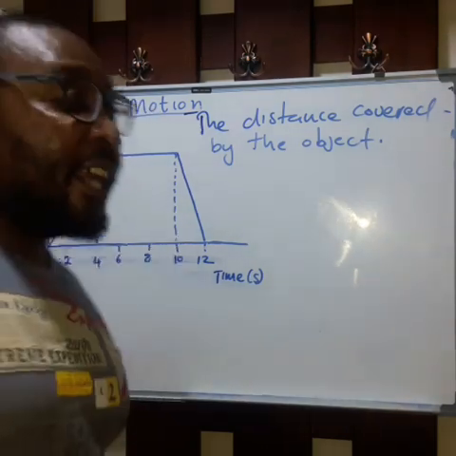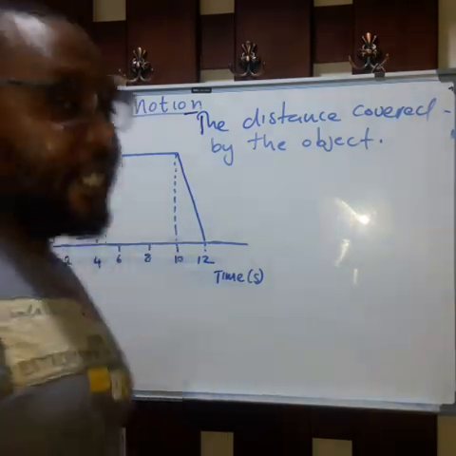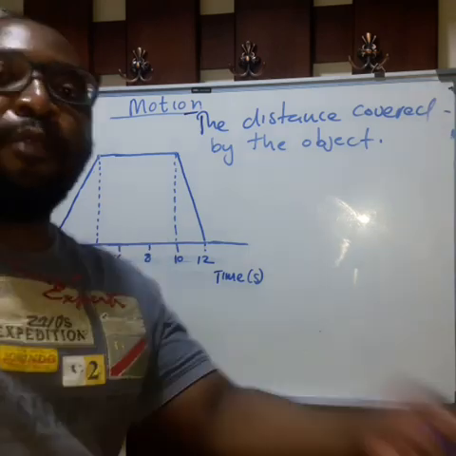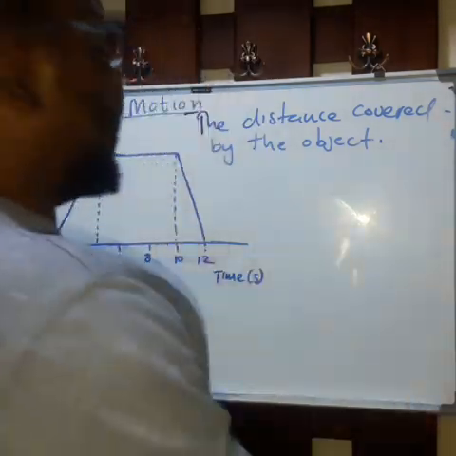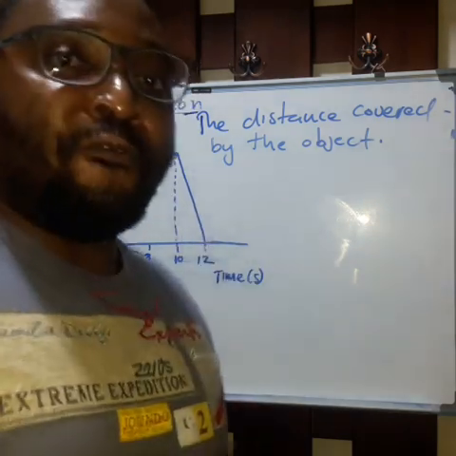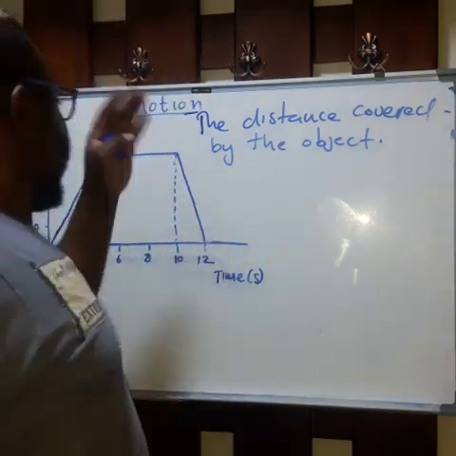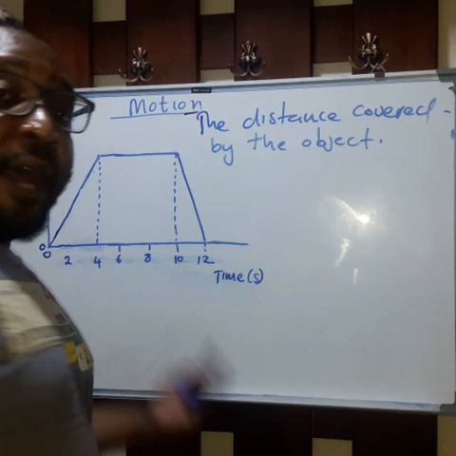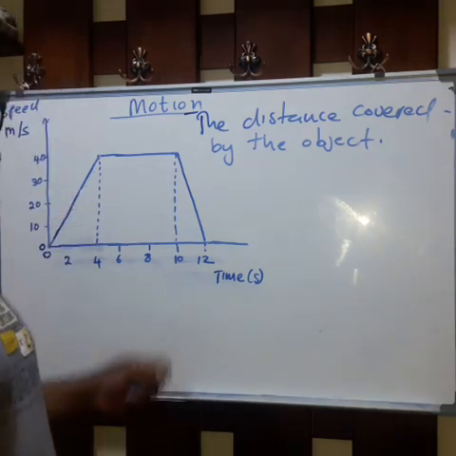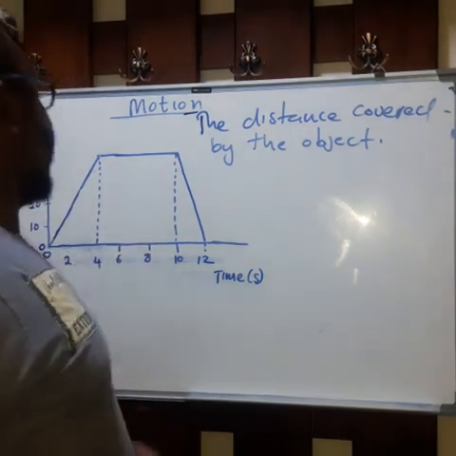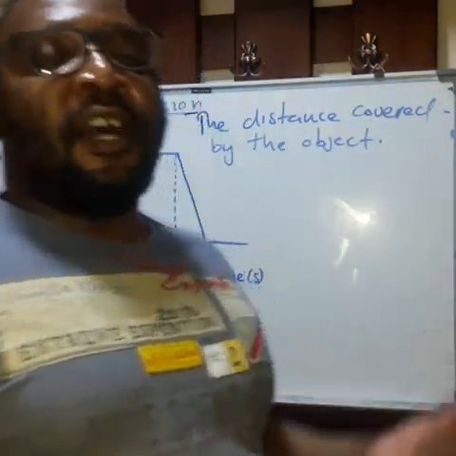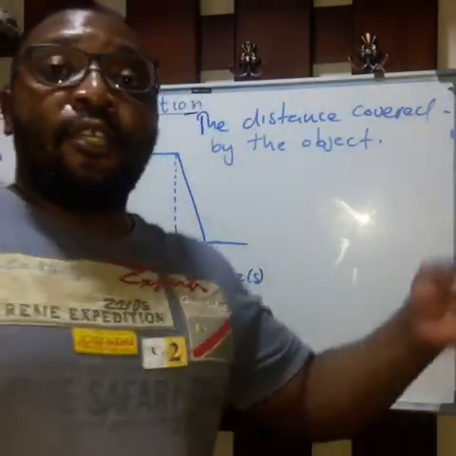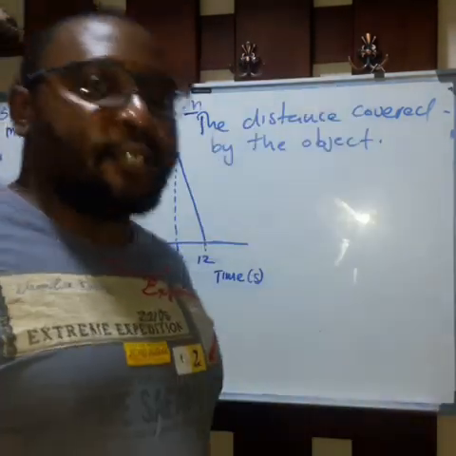If I look at my graph, I see that it is a trapezium. So I can use the formula of a trapezium to calculate the distance covered by the object. If it is difficult for you, you can partition the graph into 3 parts. You can make a triangle, a square or a rectangle in the middle, and another triangle. You find the respective areas, then you add them together. The answer should be the same.